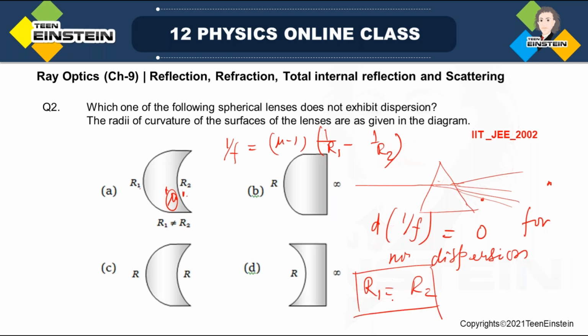In these, you look, this is plano-convex, so this has infinite radius, and this has r. This is called plano-concave and this is called plano-convex. This one is double convex, and this is also double convex. Plano-convex lenses have one radius at infinity.